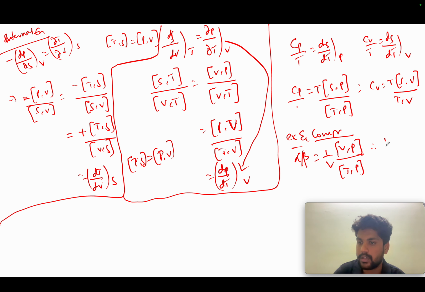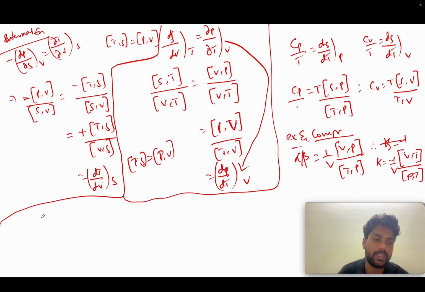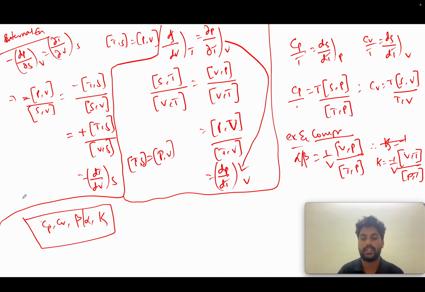Then compression is nothing but minus 1 by p. Okay. So these are the 4 equations which you need to remember. Cp, Cv, beta, alpha, k. Okay, so these 4 you mentioned here. Any doubts in Cp, Cv, alpha, beta, k? No doubts, sir. Okay, fine. So then next we can directly go.